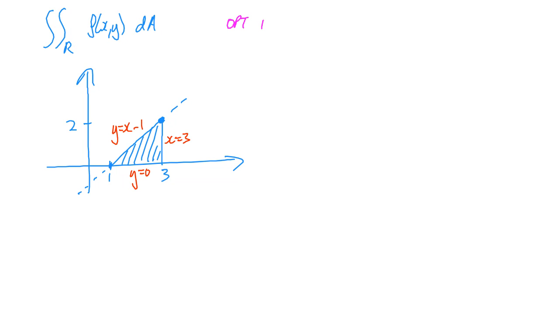So my 2 options here. Option 1 will be to rewrite this as dy dx. Now, if we write it as dy dx, the first thing that's happening is I'm thinking what does y vary between. In other words, this is vertical strips, because I'm asking y goes from what to what. y varies in the vertical direction.